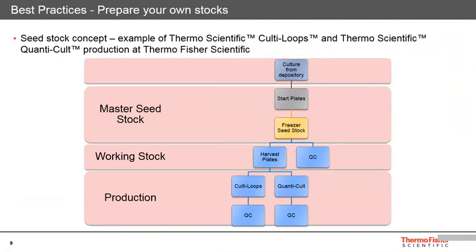When you receive a culture from depositories, you generally grow them in either broth or on start plates that we discussed earlier. The material grown up here is crucially important, and if you are planning to make frozen stocks, this is the material you should use. We call this culture your master seed stock. At this point, we would make several vials.